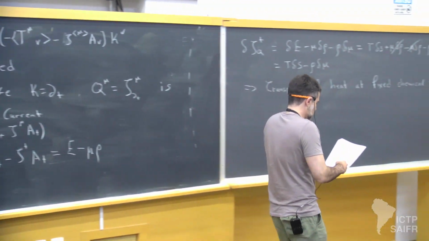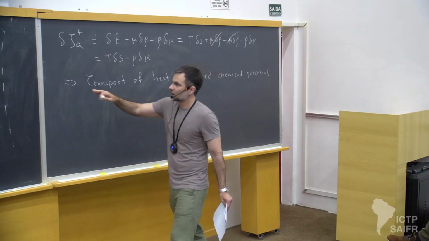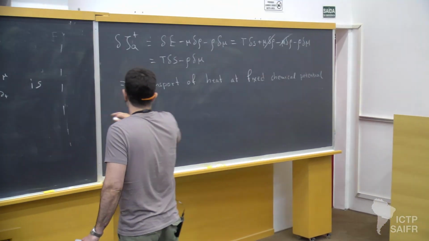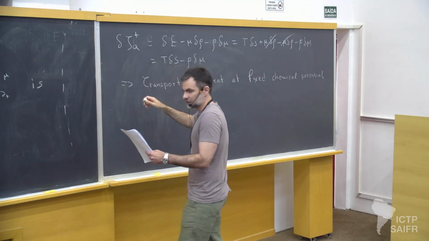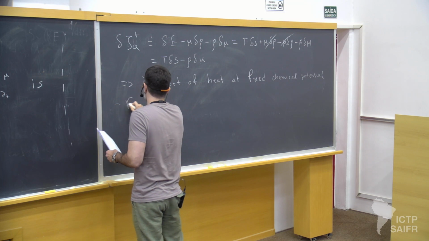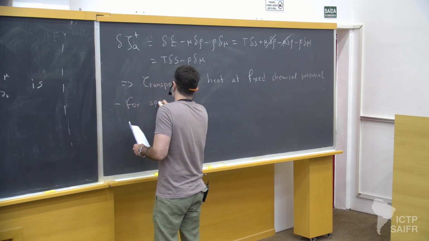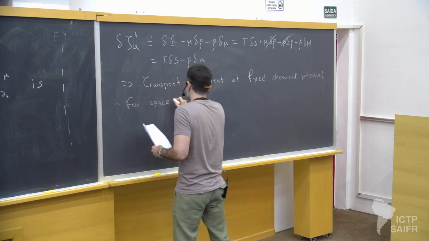Okay, so if I have a time-like Killing vector, partial t, I can define heat. If I have a space-like Killing vector, that could be basically momentum.